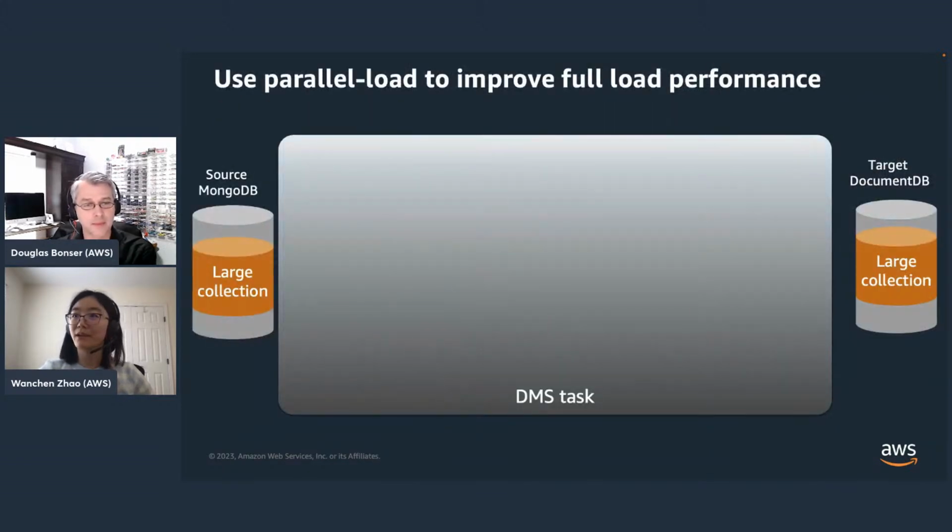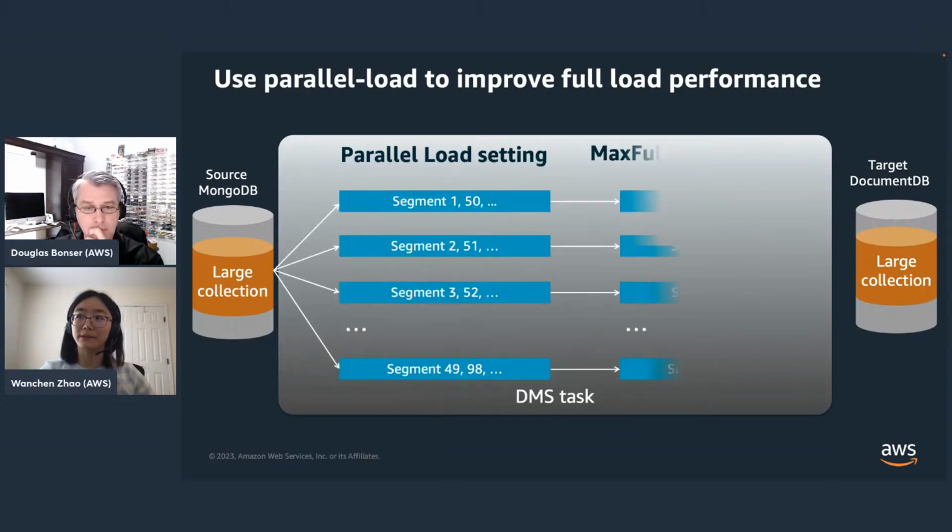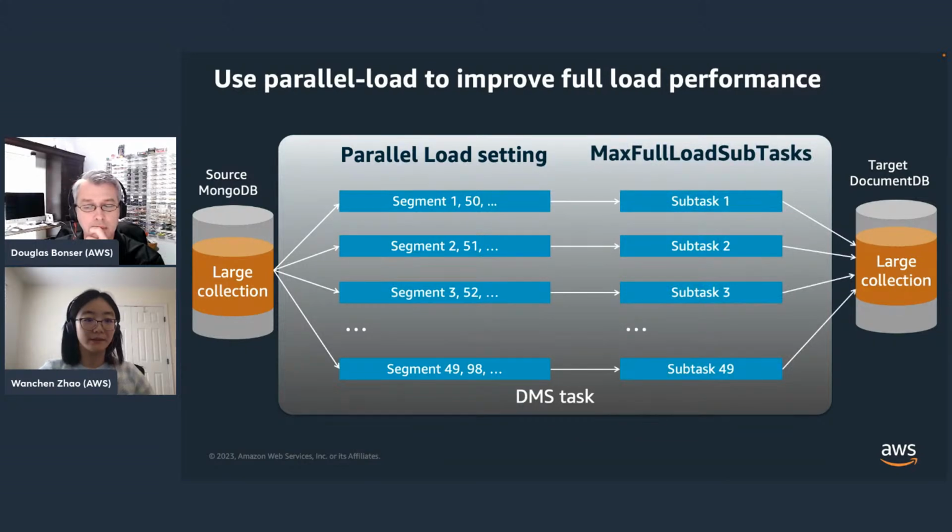Nice. So moving along, this is an illustration of how parallel load works in DMS. You segment the data from a large source collection, and segmenting can be done automatically by DMS, or you can do it yourself. You can say, I just want to segment the data based on a particular key or ID, whichever identifier can uniquely identify the documents in the source database.